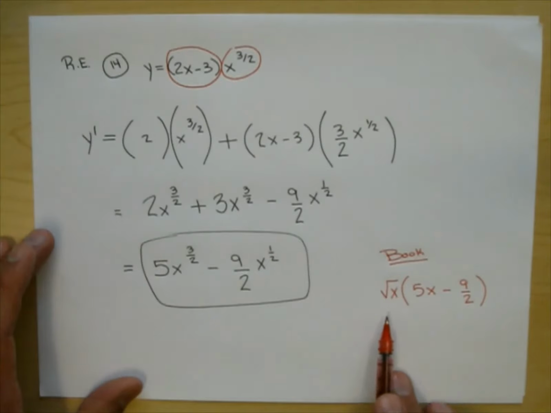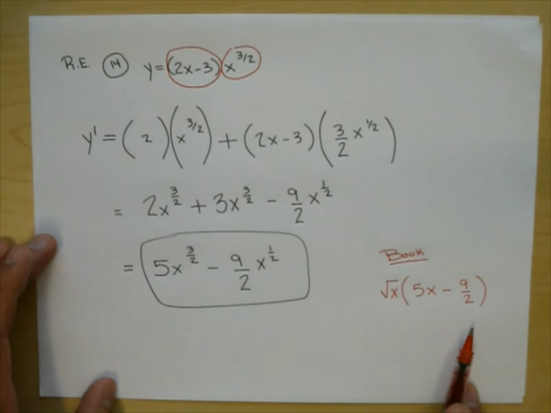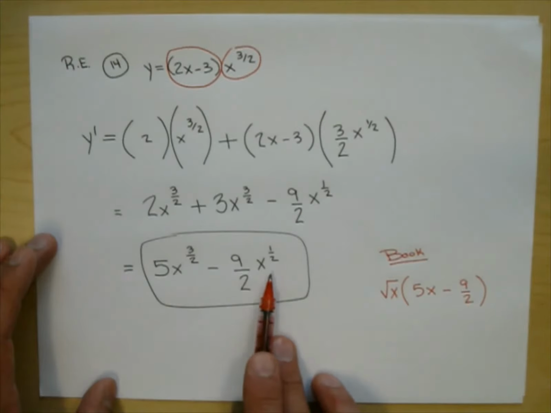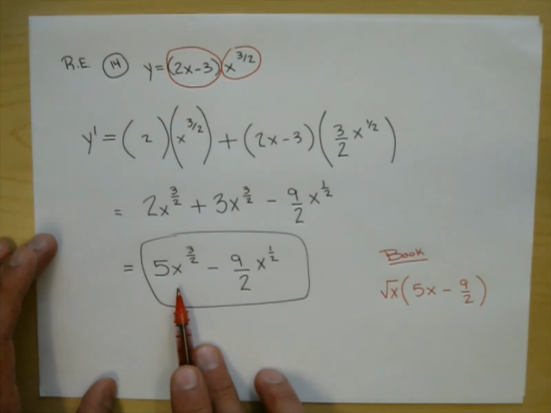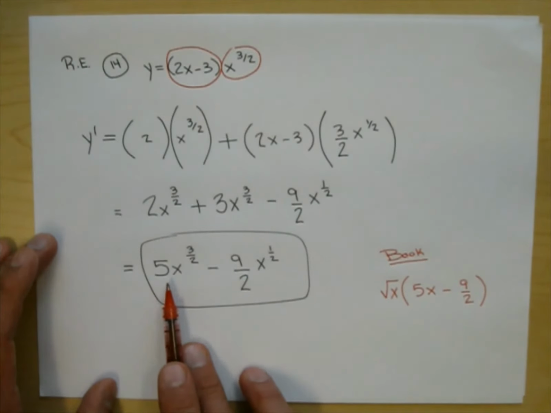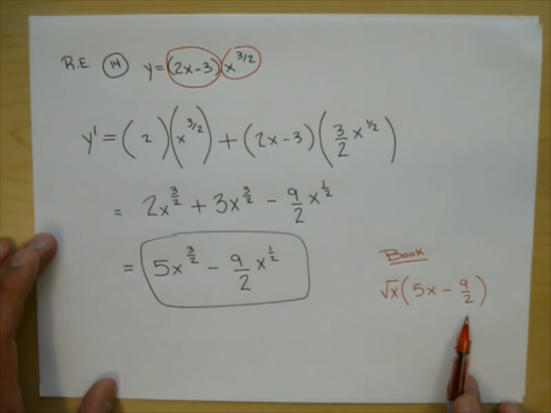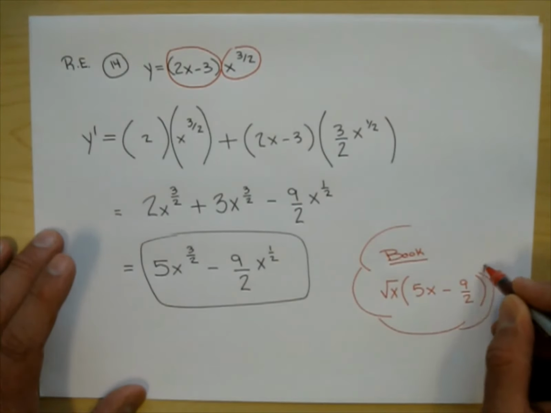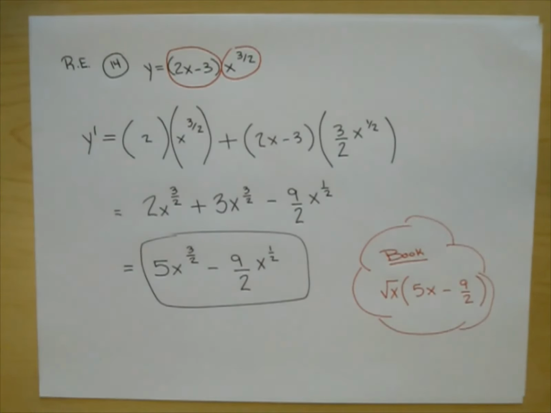The book sometimes will do this because they feel like too many people are going into the sciences and math, and so they'll do this just to discourage people. Really what I have is they factored out an x to the 1/2, which is really a square root of x. And when you do that, you'll end up getting 5x minus 9/2. So that's what the book did. And so that's acceptable as well on the exam. So that is problem number 14 from the review exercises.